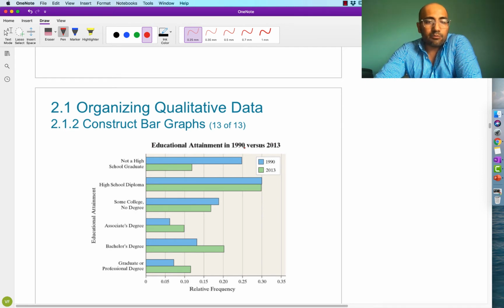So as a proportion of the population in 1990, that's this dark blue one, how many people identified themselves as not a high school graduate? Okay, so we could see that that's a little less than 25%, or in that ballpark. That was in 1990. And then way below that is the result for 2013.